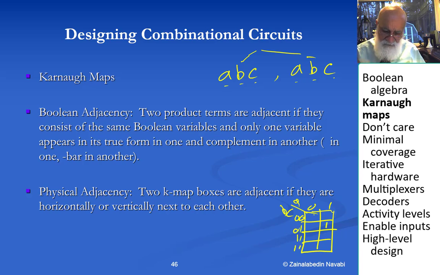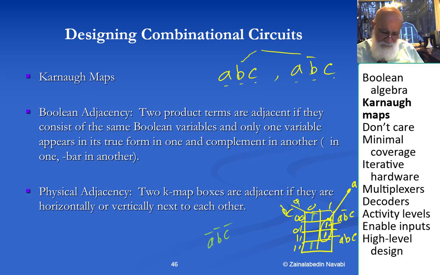These 2 boxes, okay, it's a 1, 0, 1, that means A, B bar, C for this, A, B, C for this, and therefore these 2 can be turned into A, C. This one, the upper one is A bar, B bar, C bar.